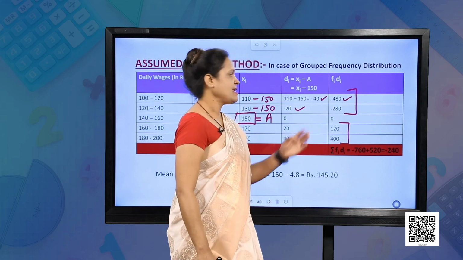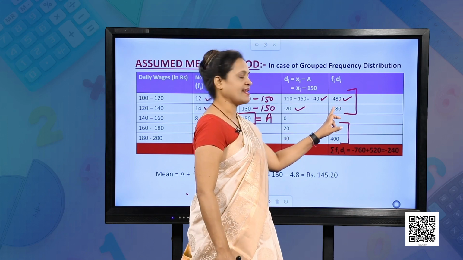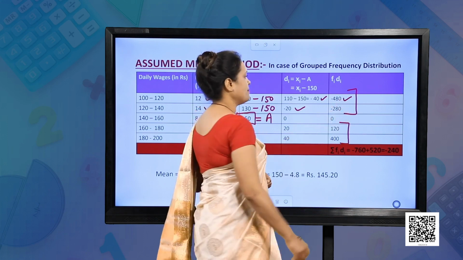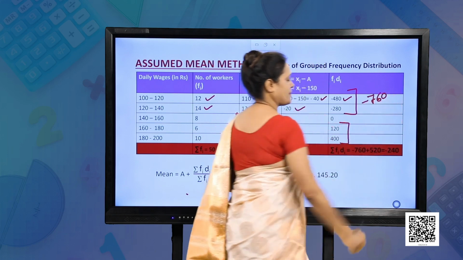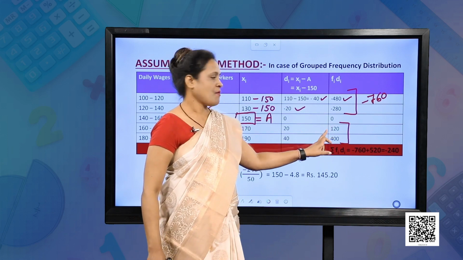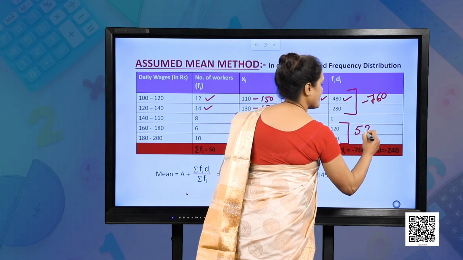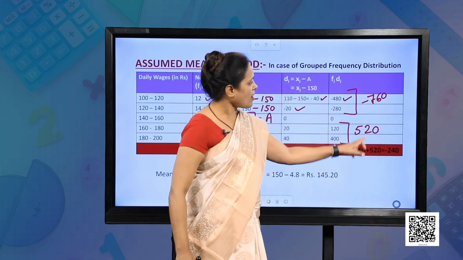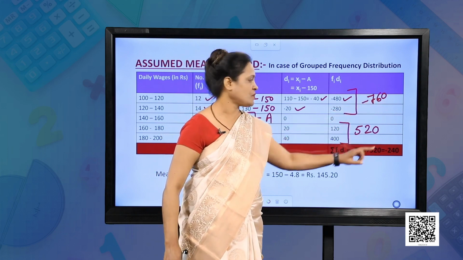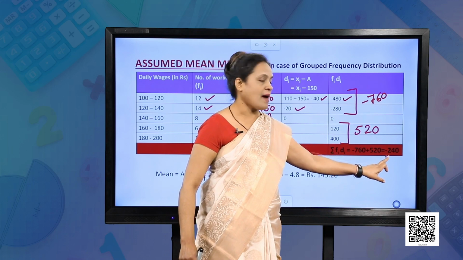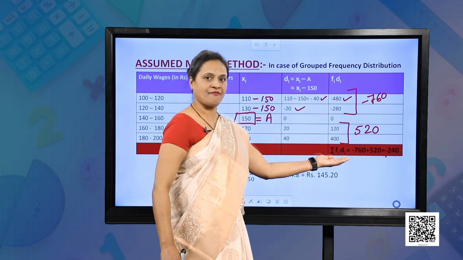So, we will add the negative values separately. Minus 480 minus 280. What is the sum? It will be minus 760. For positive values, 120 plus 400 gives the answer 520. When we combine these two values, minus 760 and plus 520, we get the answer minus 240. What is this minus 240? This is sigma Fi Di.